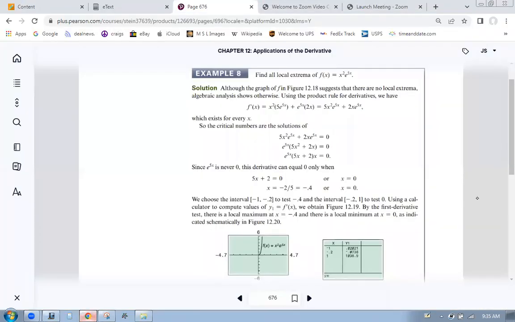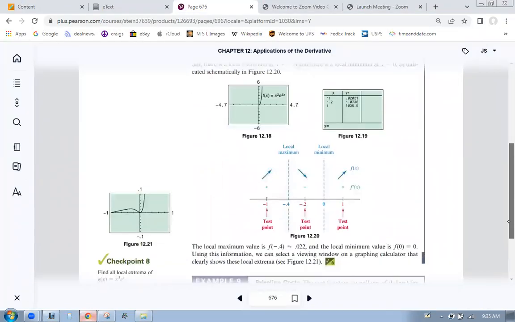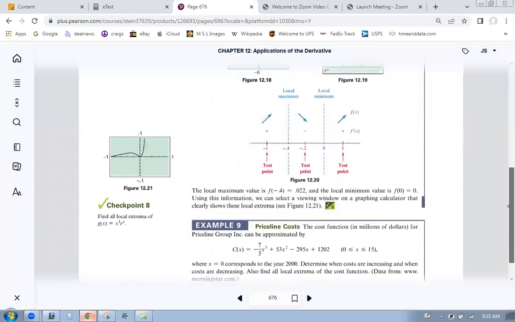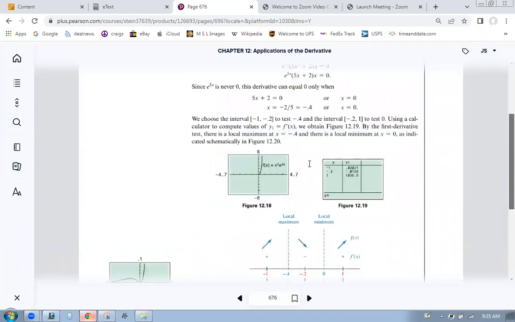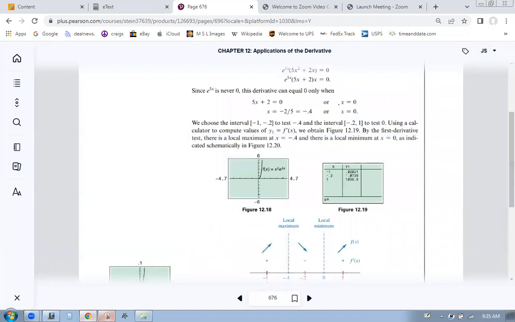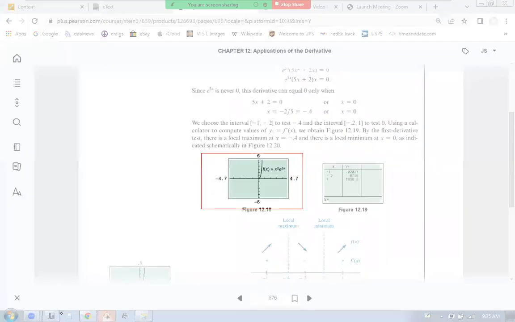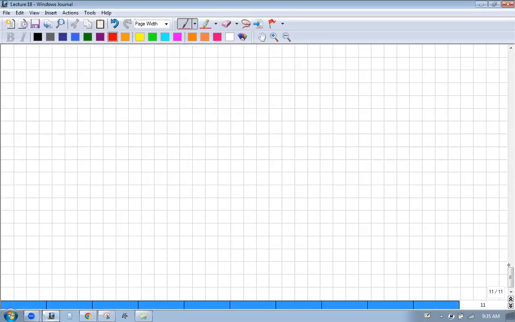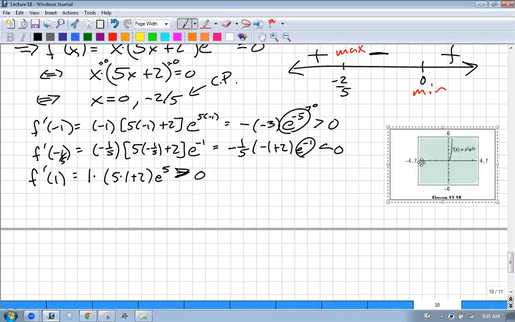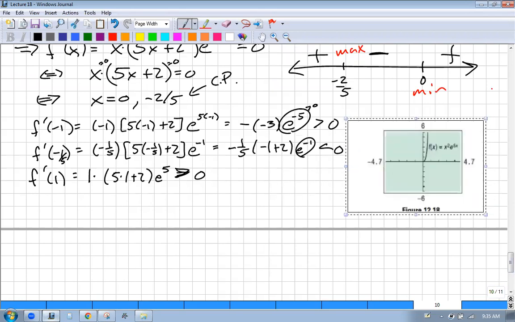All right. So here's our graph. This will give us a pretty graph. That's x squared e to the 5x, right?